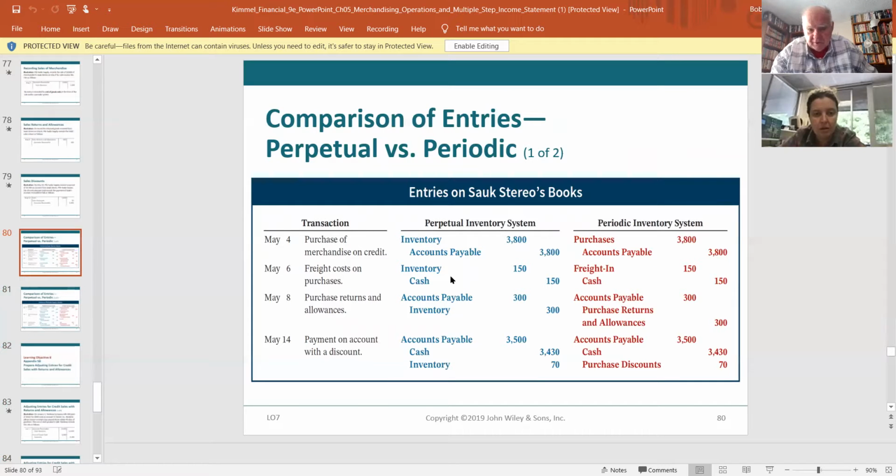Your freight cost is going to go there, and same thing with the purchase discount. Under periodic, we're separating the purchase discount and the purchase returns and allowances, okay? So wherever you see the word purchase, whether it's purchases, purchase returns and allowances, or purchase discounts, change it to inventory. And once you start doing a couple of the homework problems and preparing these different journal entries, it'll start to click in a little bit and you'll be able to study it effectively, okay?